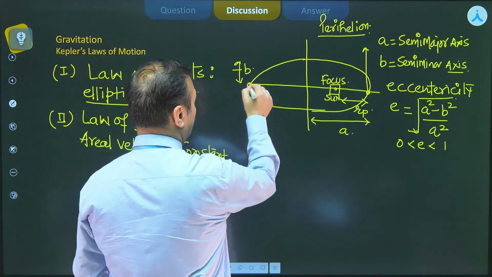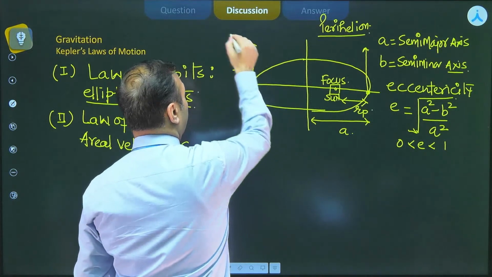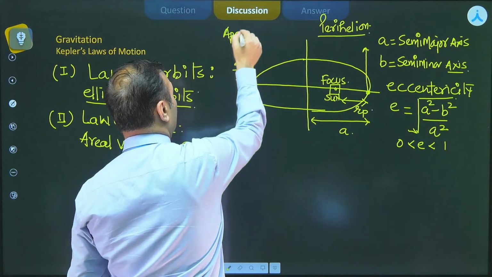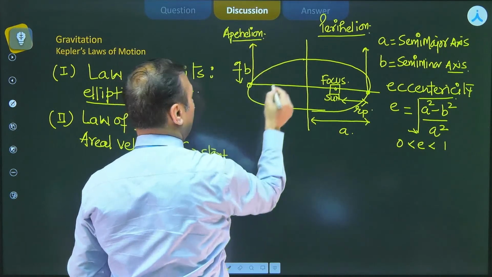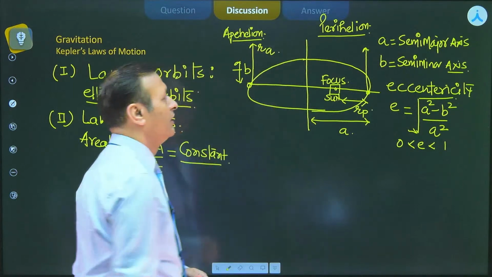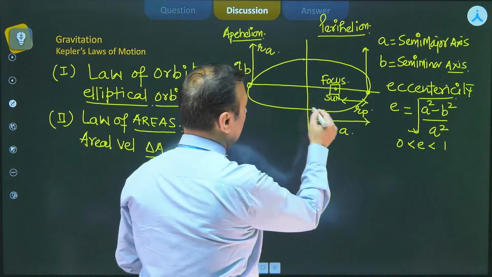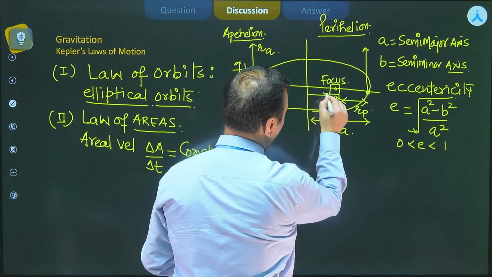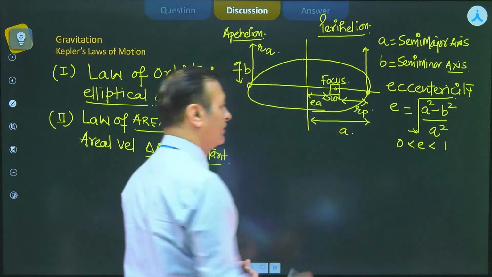And this position, which is far off, is your aphelion, and this distance is RA. The sun being at focus, this distance is eccentricity times A.